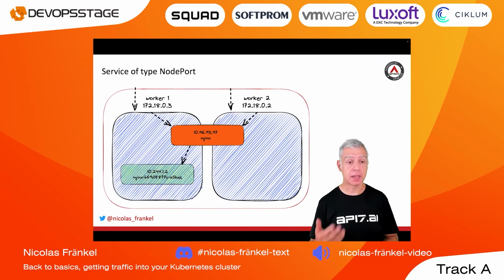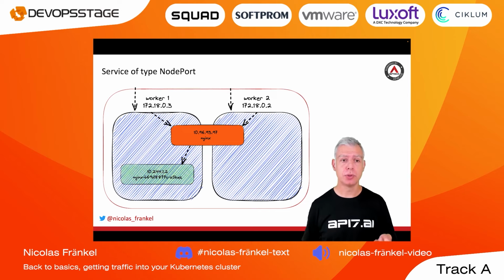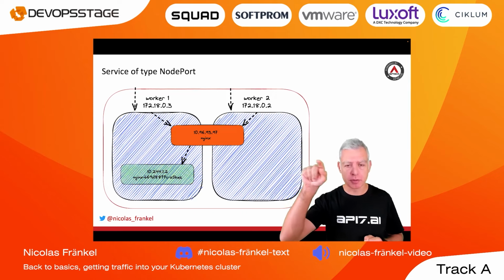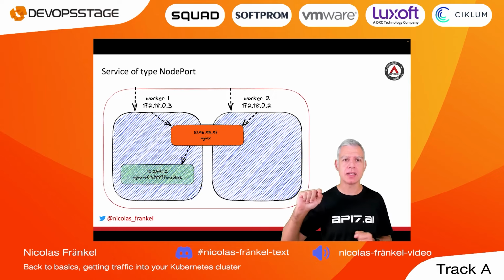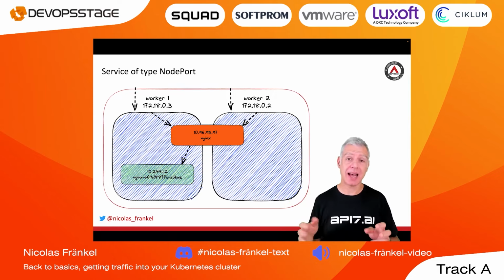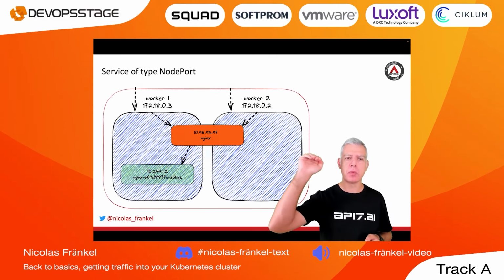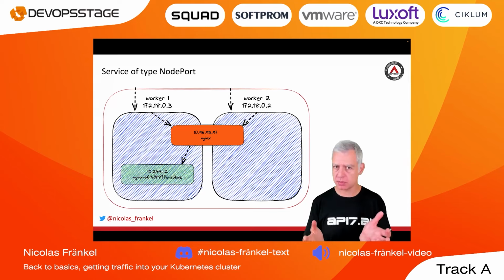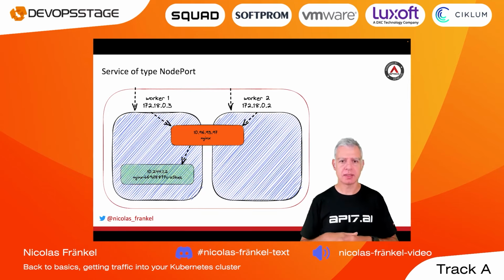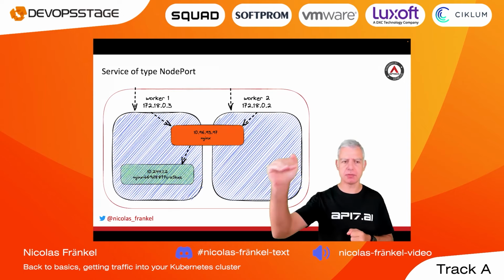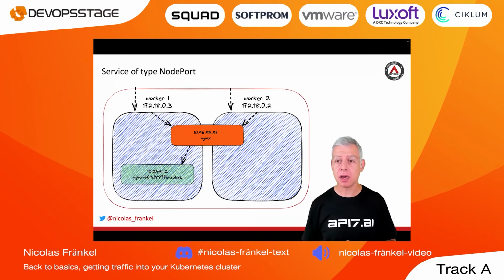As I mentioned in the beginning, I have 2 nodes. And regardless of the node I'm actually going to, because they have internally different addresses, I will be forwarded to the service. As I mentioned before, the service is not relevant to any node. And the service itself will forward it to the pods.